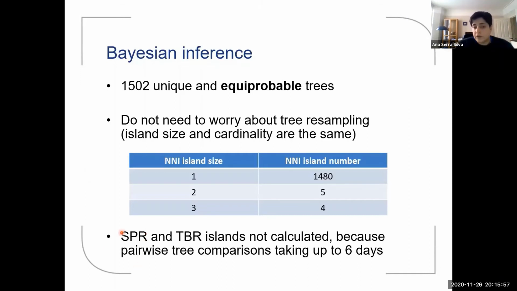We don't know about SPR and TBR islands because I started trying to compute the pairwise distances between all pairs of trees, and some of them were taking up to 6 days, so we gave up on that.